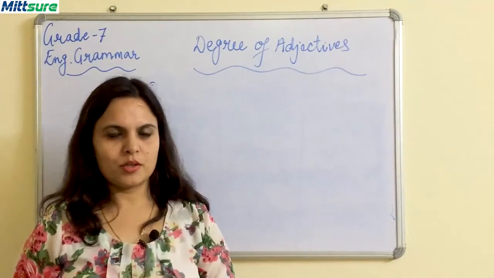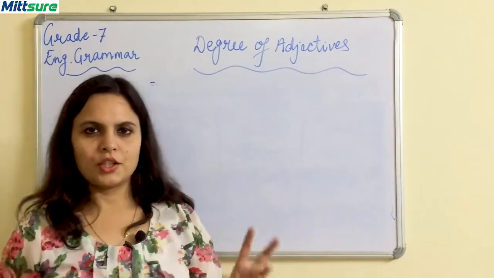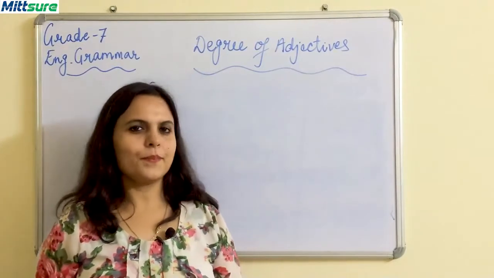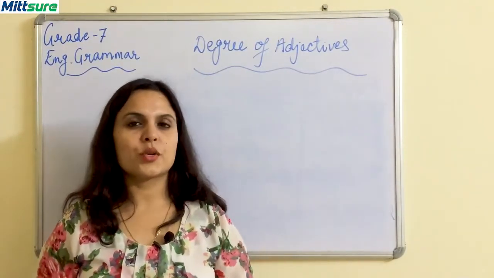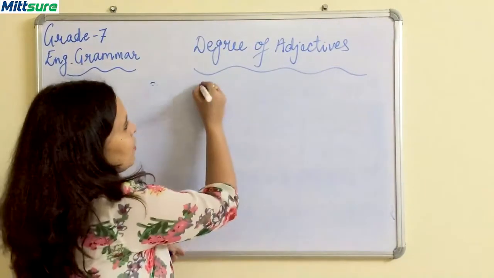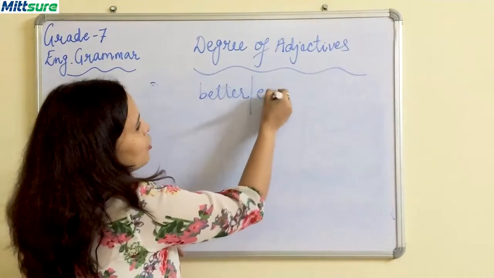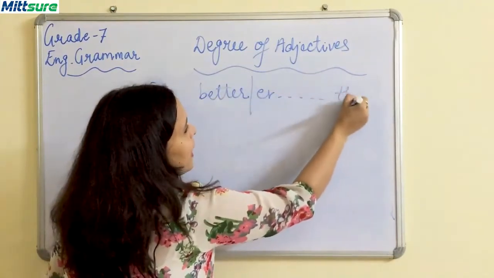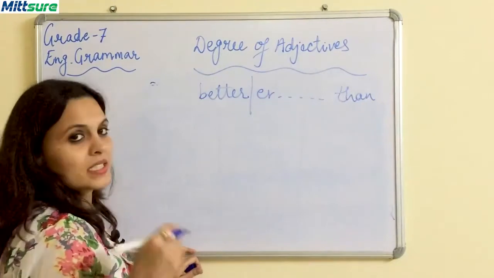So Nina, positive. Then when the comparison is happening, we use the comparative degree, and what is the connective which we are using here? So see, with better or with the er, we use than, THAN, than, right?